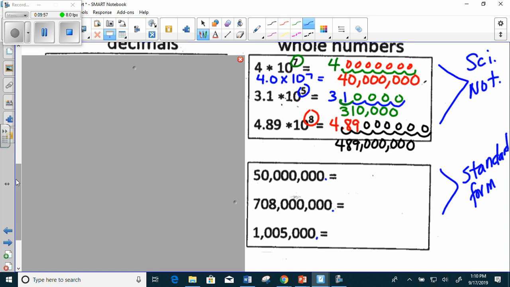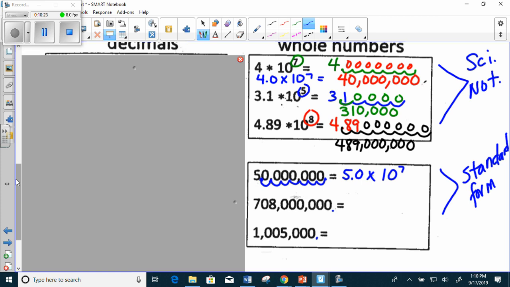So I'm going to count 1, 2, 3, 4, 5, 6, 7. Then you could drop the other zeros. So you could say 5 or 5.0 times 10. How many places did I move it? 7. So that's that number, 50 million, in scientific notation.